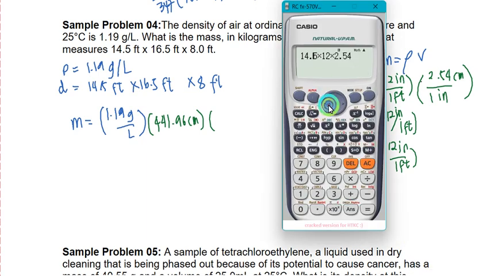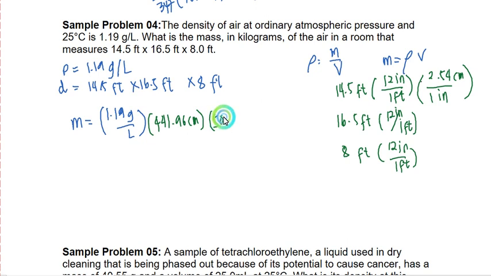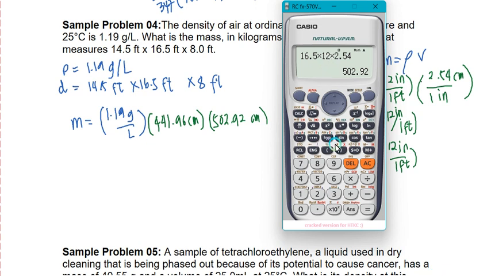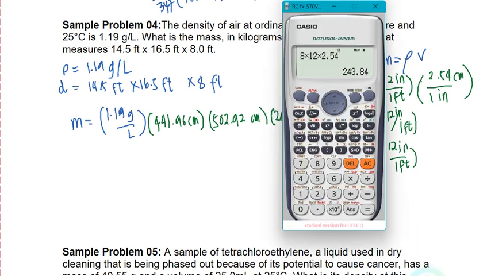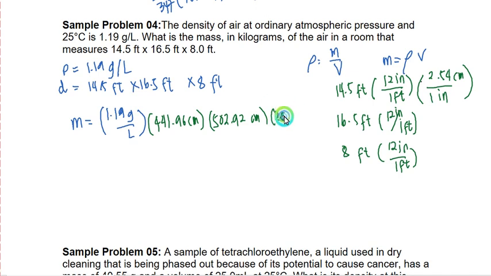So this is equal to 502.92 cm. And then another side is your 8, so we have 8 times 12 times 2.54, which is 243.84 cm.